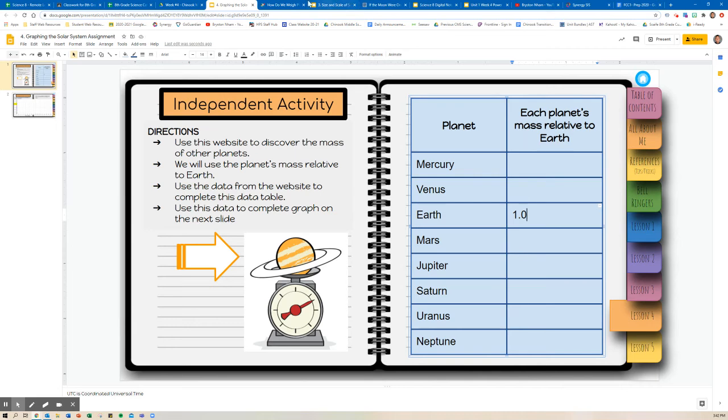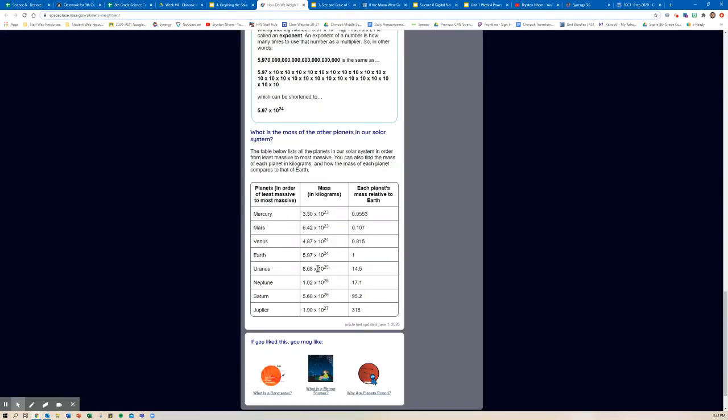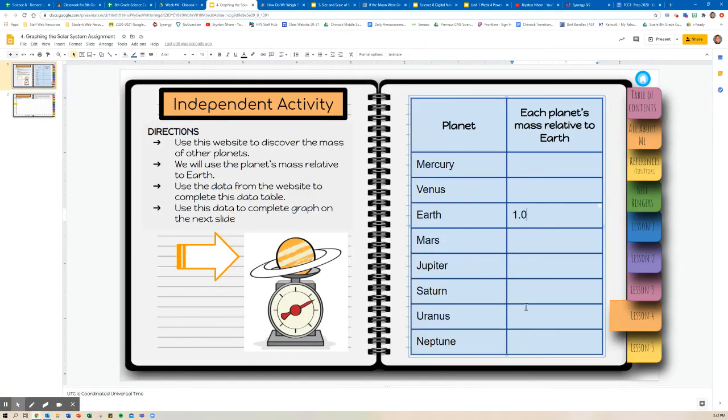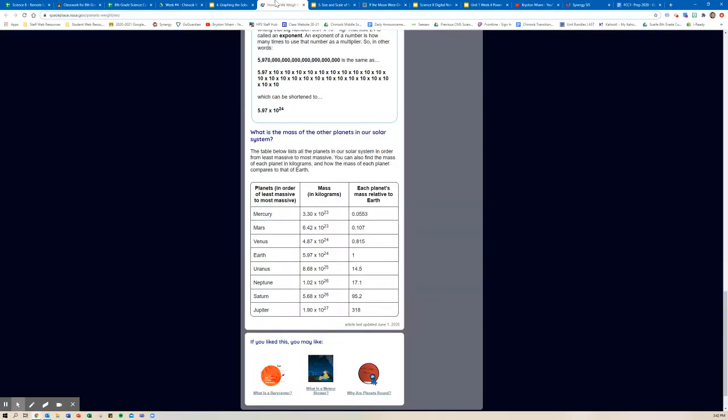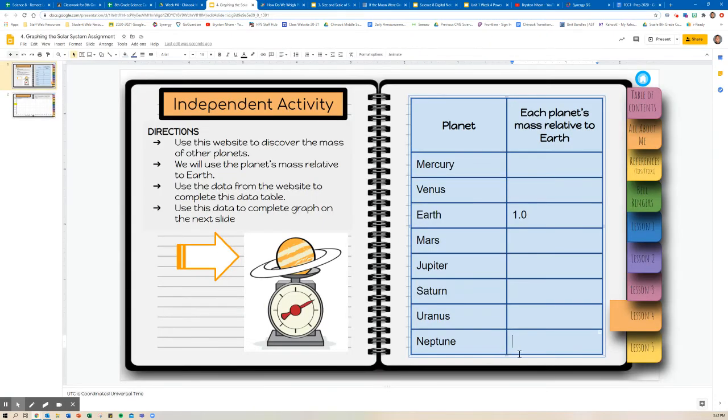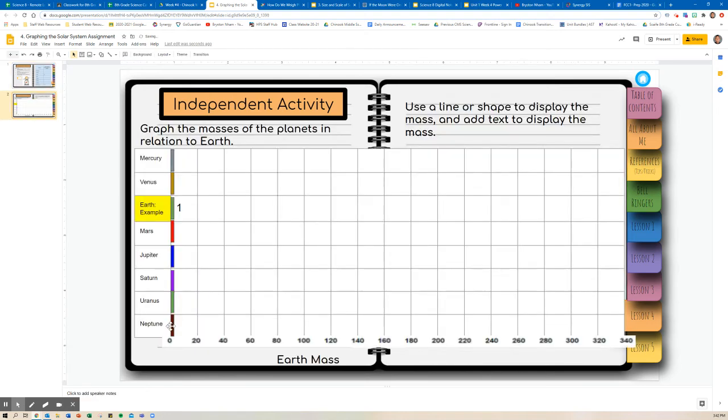Now let me do an example for you. Let's say I go to Neptune, and Neptune, let's say, is 17.1 in terms of mass relative to Earth. Was that Neptune? I'm sorry, Neptune, yes, 17.1. My bad. Then to graph, I know Neptune's bar has to be about 17 times larger.